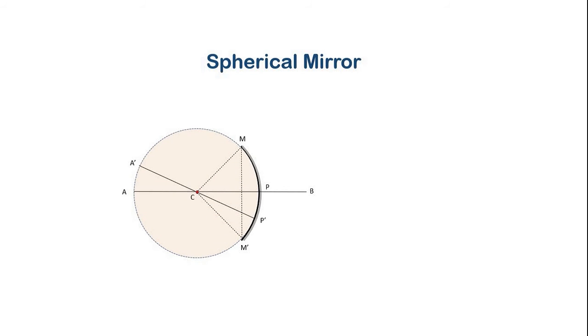Now let us discuss some terms related to spherical mirror. Here, M prime is the spherical mirror. P is the pole. C is the center of curvature.